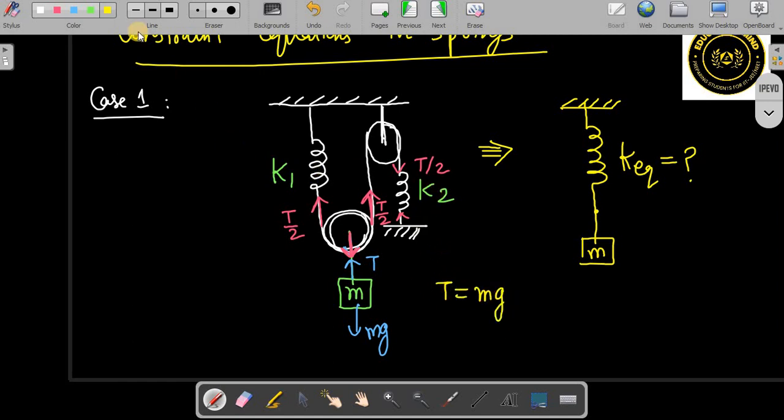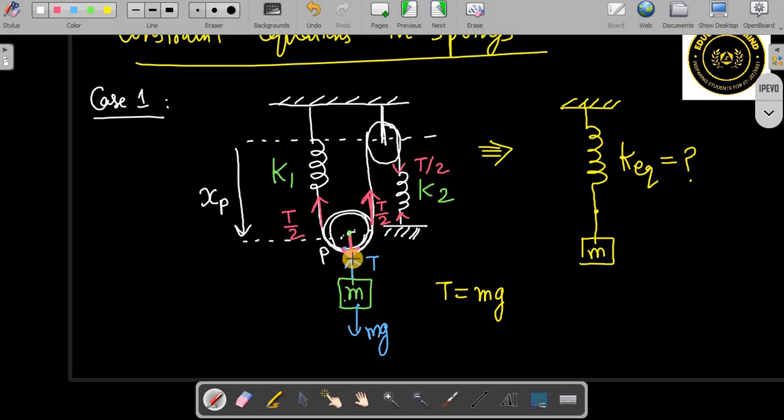Now, first of all, what is the relationship between the displacements and other things? By the constraint equation we can study. Let's say this is the pulley. You can name this pulley P because it is moving. From a fixed point, this will be xP, the position of the pulley.